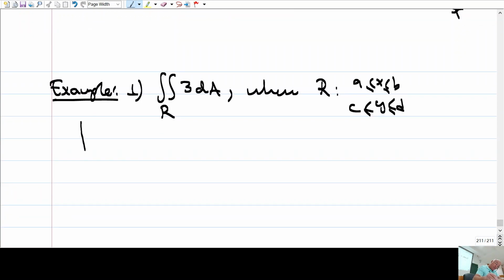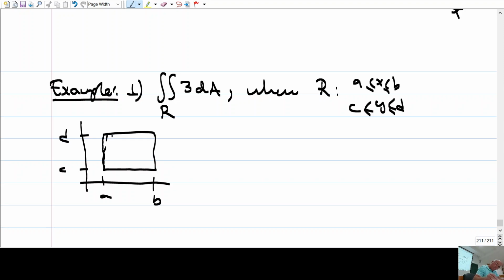So R is this region here. It's a rectangle. R is this, and we would like to compute this.